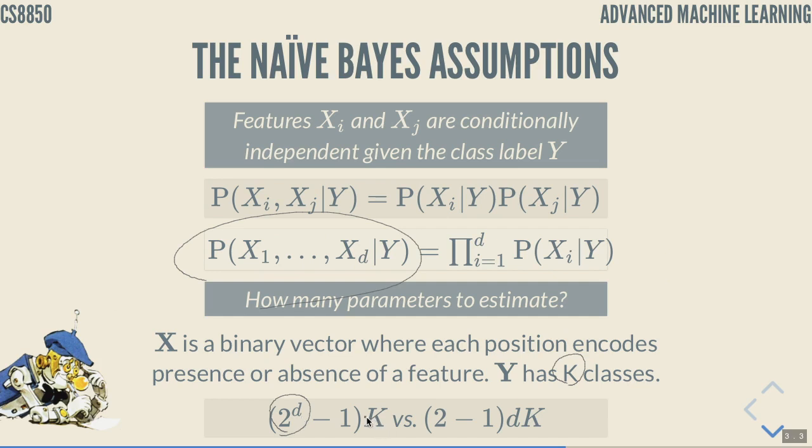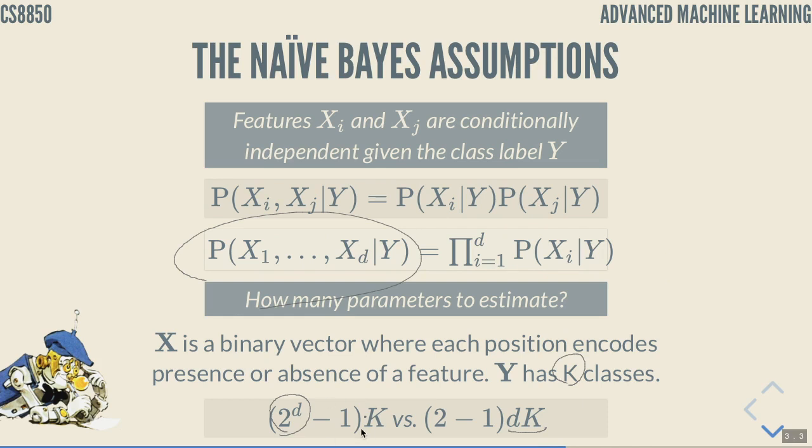But then we need this distribution for each value of the class, so that's why we multiply by k. That is if we don't use the conditional independence assumption. But if we use it, we only need d times k variables. Compare 2 to the power d times k versus d times k. Huge savings in the number of parameters to estimate.